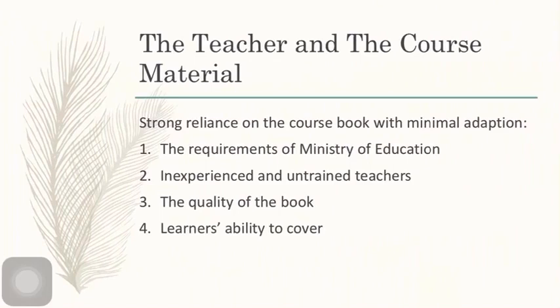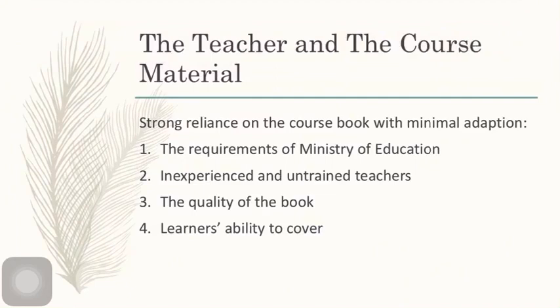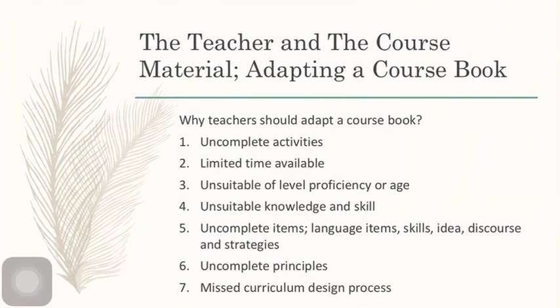The learners wish to cover every part of the course book, so the teacher only uses a certain book in order to make the learners cover all of the little parts of the course book, so they only use one course book.